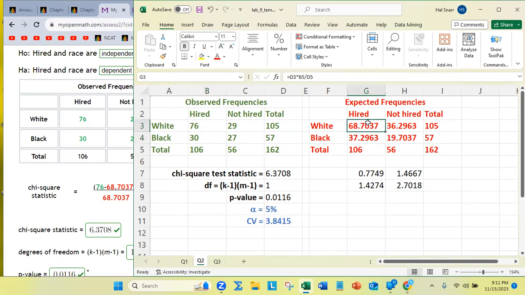So the test doesn't automatically tell you that there's discrimination against black applicants. In this situation, if the null hypothesis is true, given these totals and these totals, we expect 37.2963 black applicants to be hired, but only 30 get hired. So it looks like there might be some discrimination here.